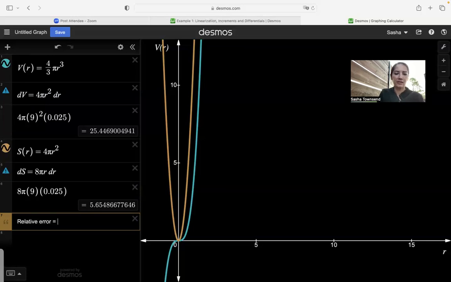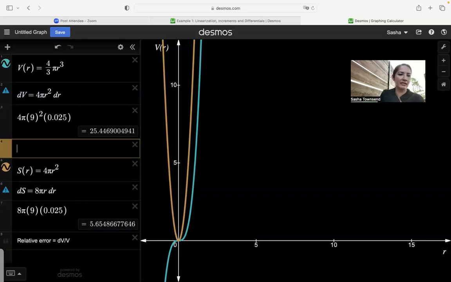And that's where you just take the differential and you divide by the calculated volume. So, or the differential that we've just computed, and we divide by that calculated amount. So we say, is 25.4469 centimeters cubed a lot when r equals 9 centimeters? Well, it just depends what v evaluated at 9 is.